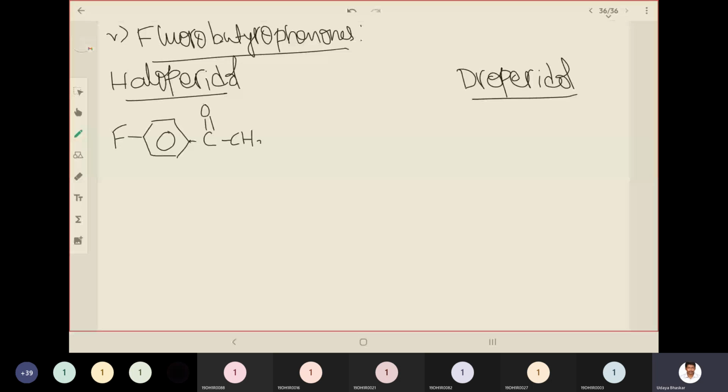Then C double bond O, CH2, CH2, and CH2. And you have a piperidine ring.